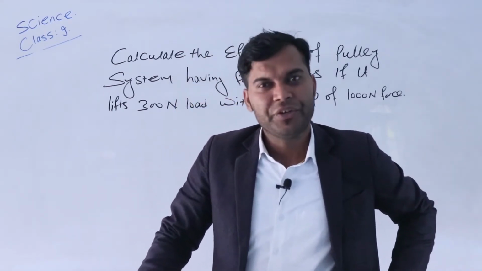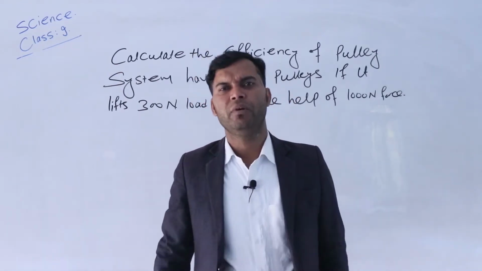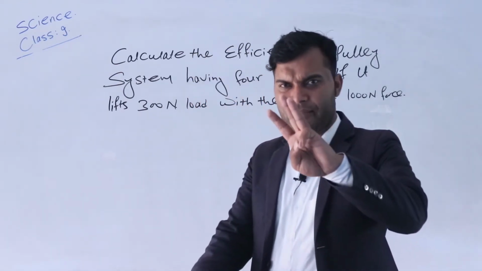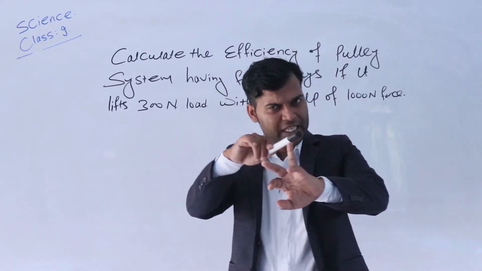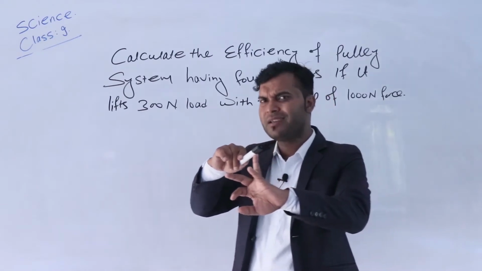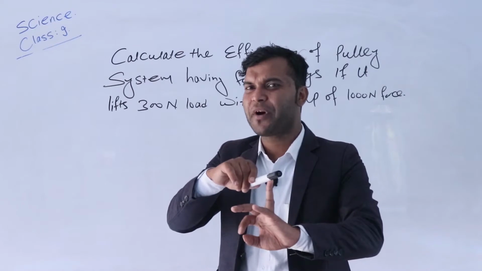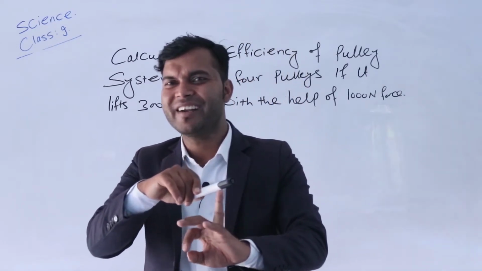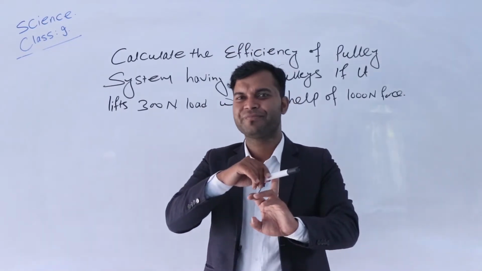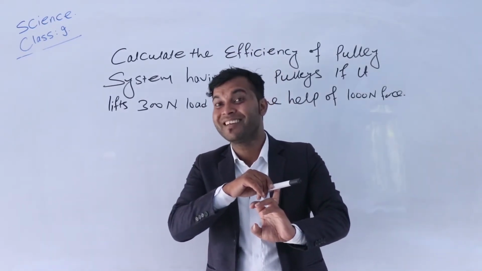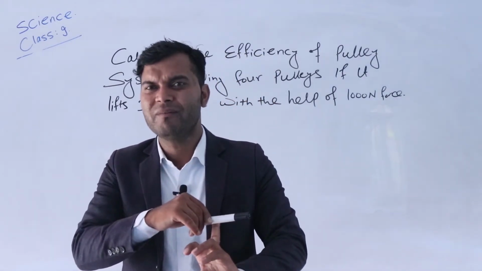Now, today I am first doing a numerical problem related to pulley. We have discussed three types of pulley. The first one is the single fixed pulley. MA is load upon effort, and VR is 1, because the distance traveled by the effort is always equal to the distance traveled by the load. The second one is the single movable pulley.